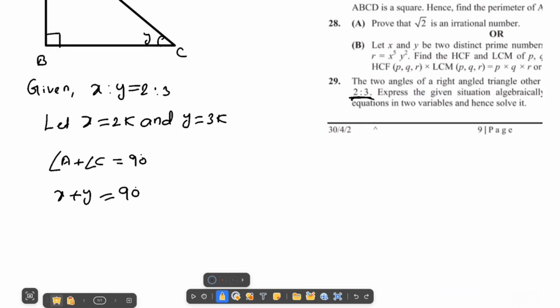Right. So we know that here the x value is 2k and y is equal to 3k. So let's substitute the x value 2k and the y value 3k.